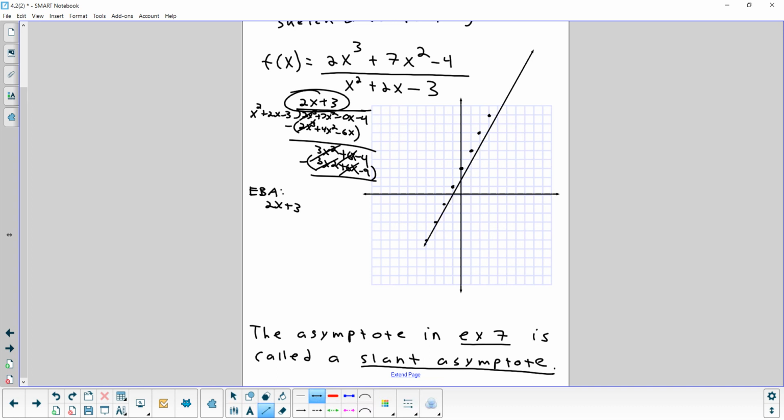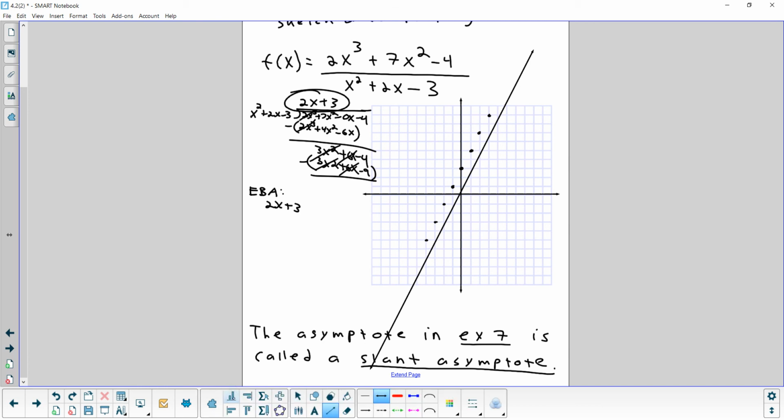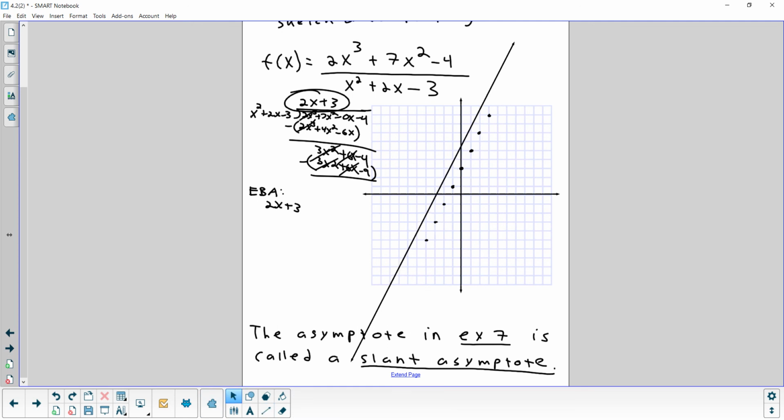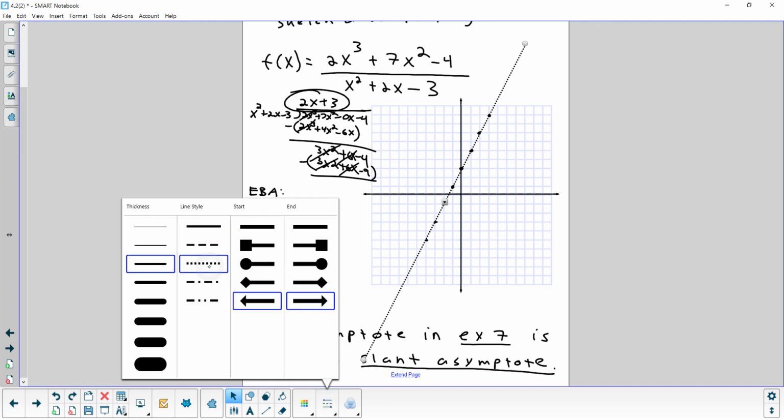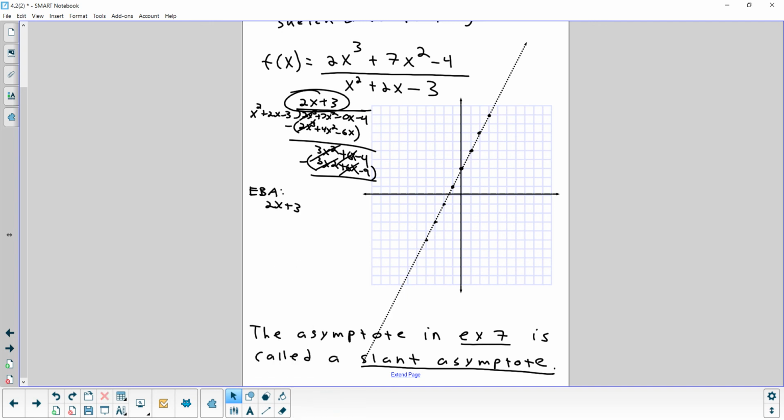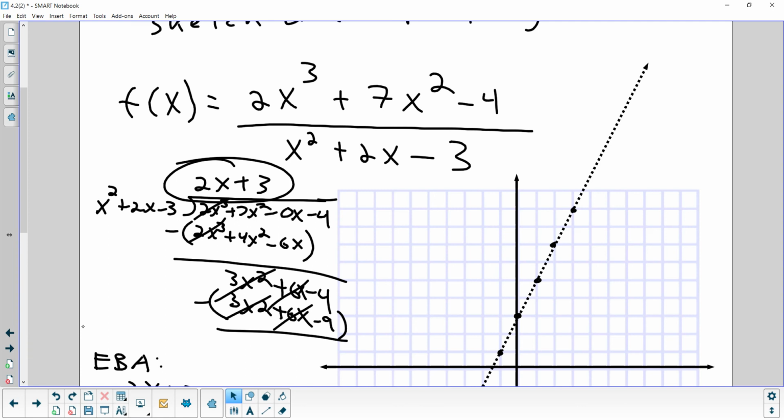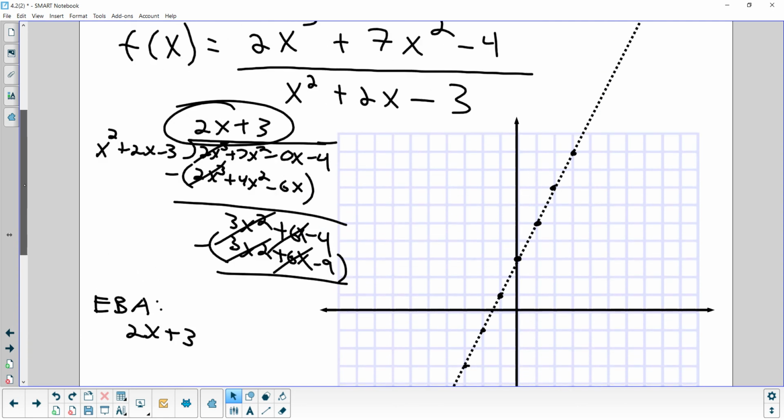This is called a slant asymptote. That's pretty good. All right, let's make that dotted. Zoom it back in. All right, so we've got a slant asymptote.